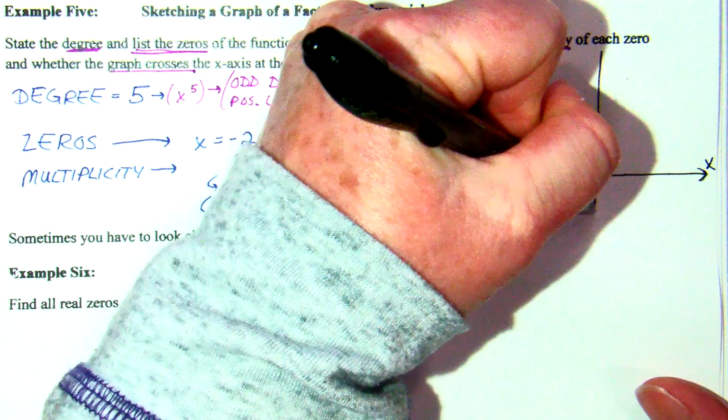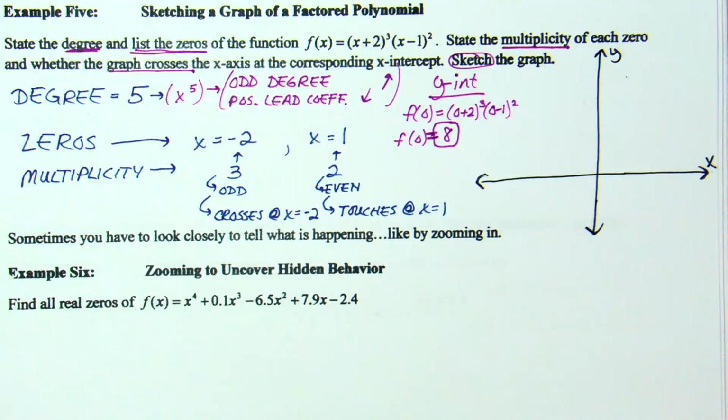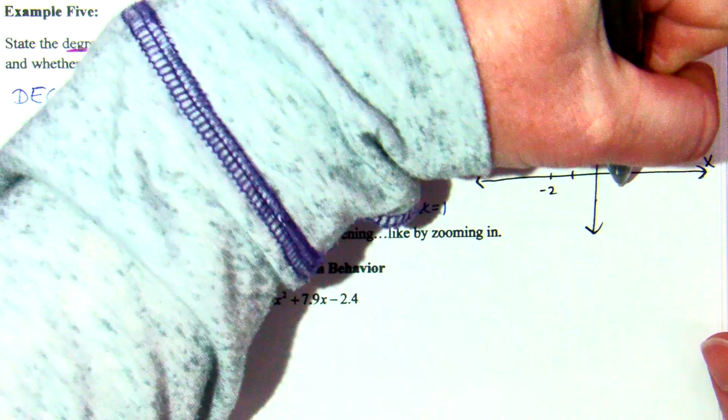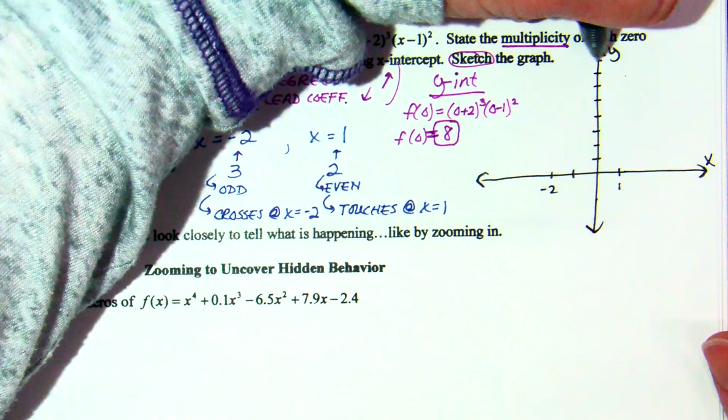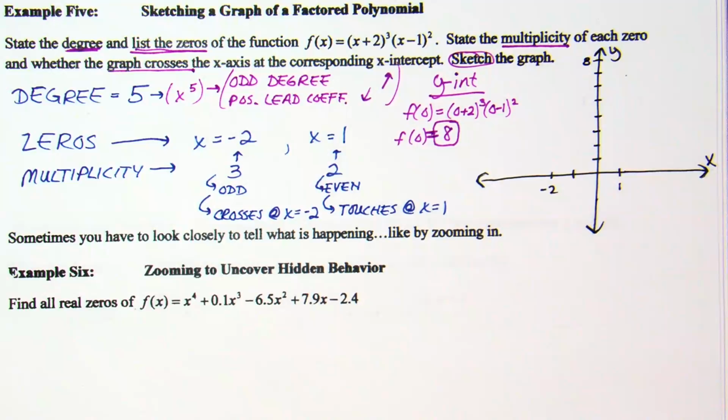And there's my y-axis. Okay. Important points. Well, I know I have zeros of -2 and 1. And I know I have a y-intercept of 8. So those are important points on my graph, correct?